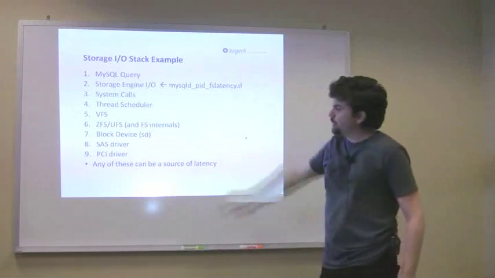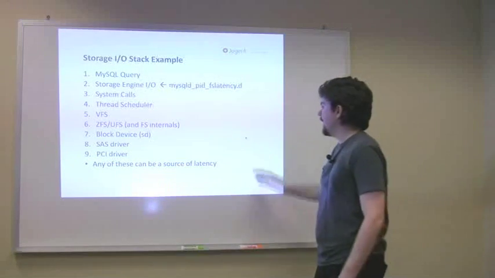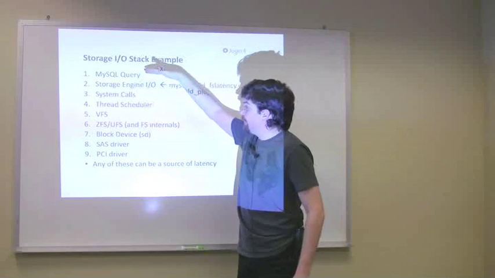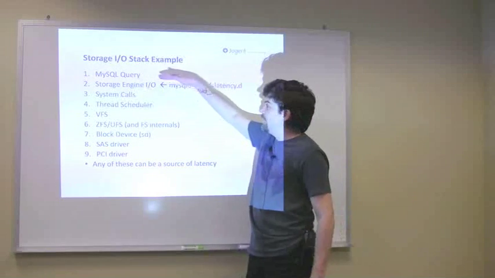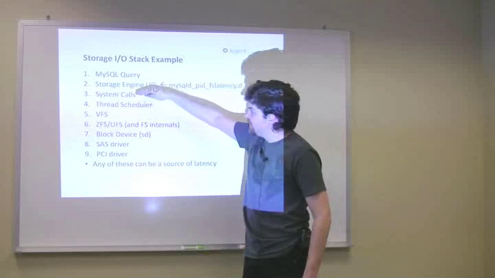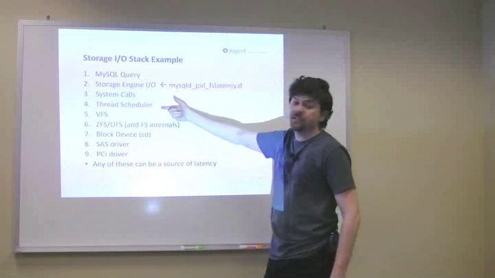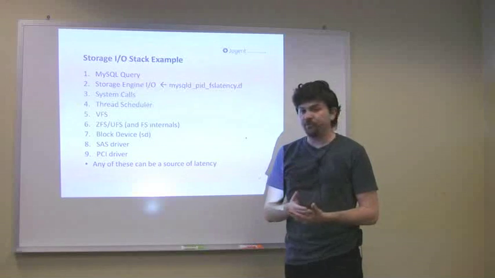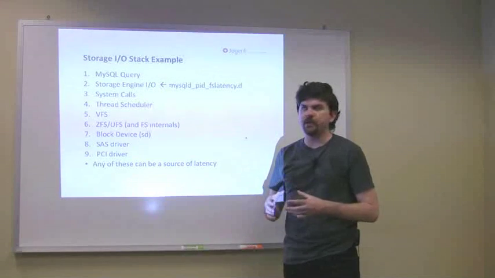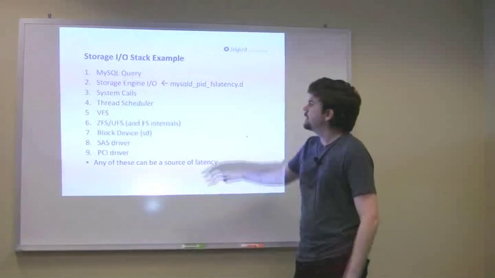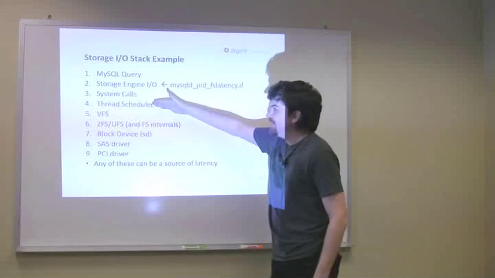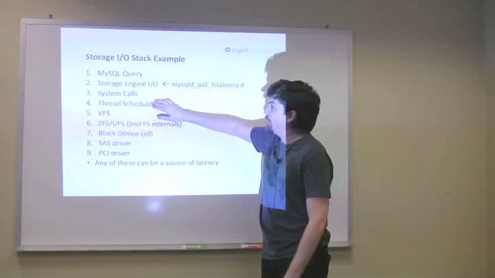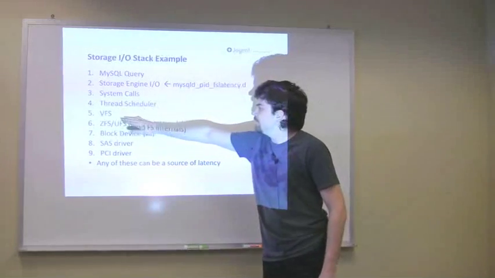You can use DTrace to trace any of these layers, and I could spend many hours talking about it. The MySQL query latency, like we did earlier, storage engine I/O, system calls, the kernel thread scheduler. You may actually have latency issues because the CPUs are pretty busy, and we have CPU dispatcher queue latency, and you need to be able to measure that from the kernel to know that you're being hurt by it. They'll get bundled up as part of the I/O latency.